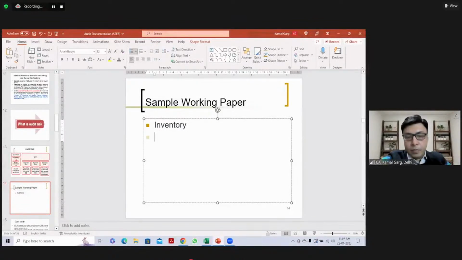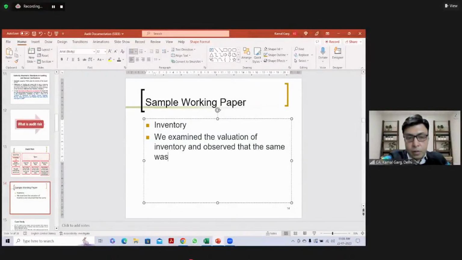Then you will write, we examined the valuation of inventory and observe that the same was valued on LIFO basis at an amount of rupees 90.